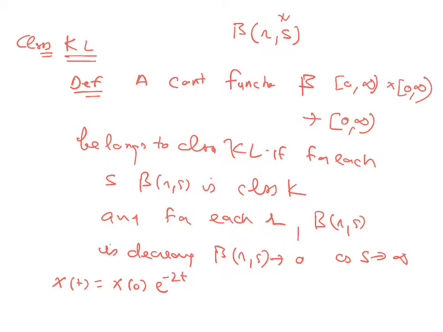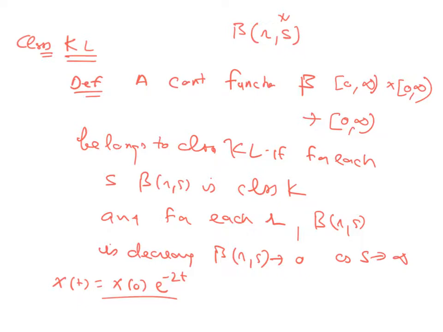Solutions of linear time systems, if your eigenvalues are negative, give you something like x0 e^(at). If the eigenvalues are negative, it's a class KL function: as time goes, it decreases, and x0 governs where it started. Got it?